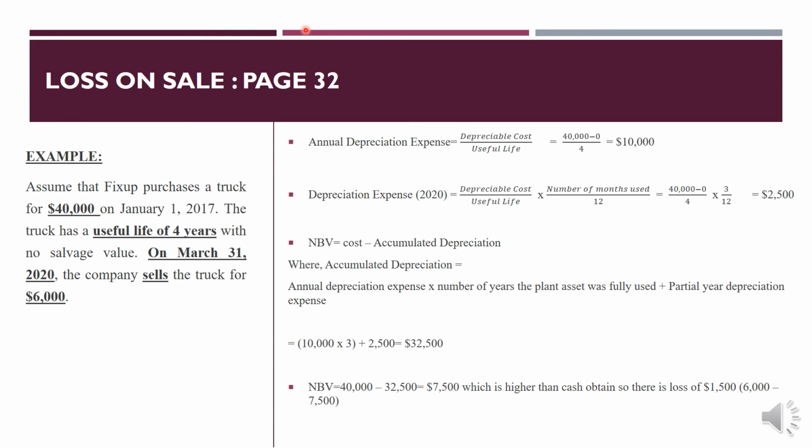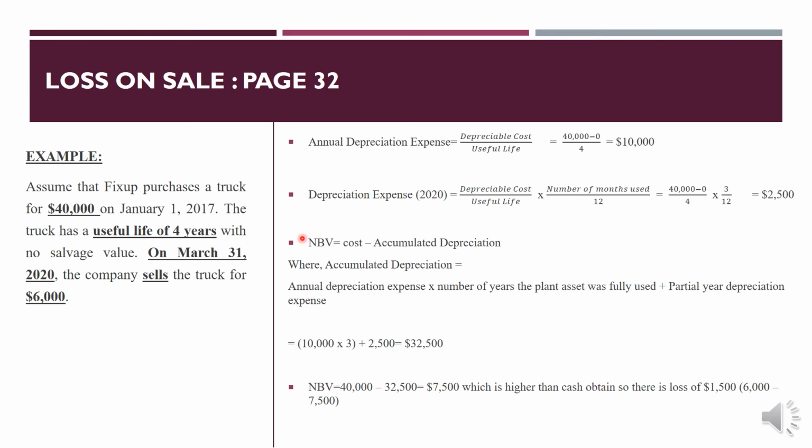Now on page 32, we have the same example. Fix Up purchased a truck for $40,000 on January 1, 2017. The truck has a useful life of 4 years with no salvage value. On March 31, 2020, the company sells the truck for $6,000. The annual depreciation expense for the full year will be depreciable cost over useful life, so we have $10,000.